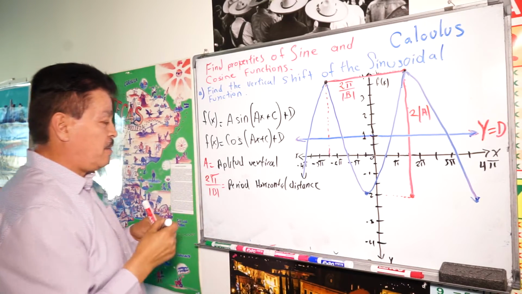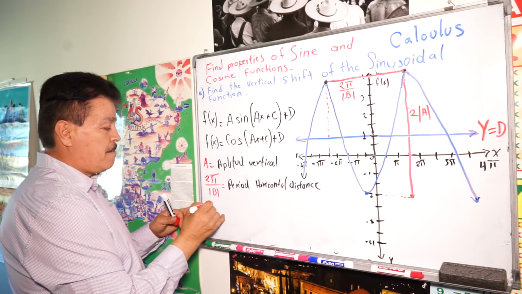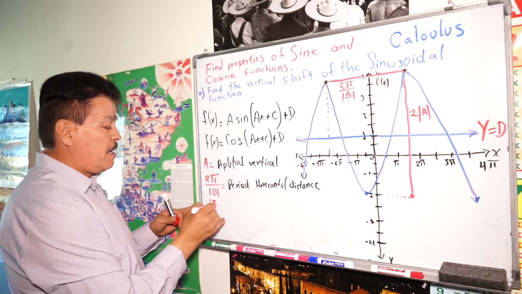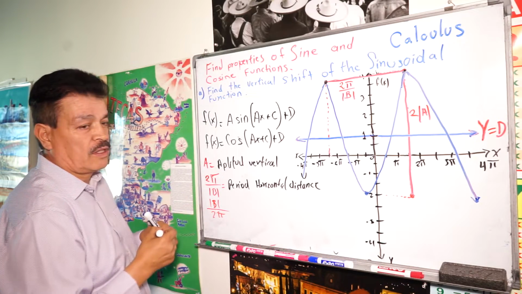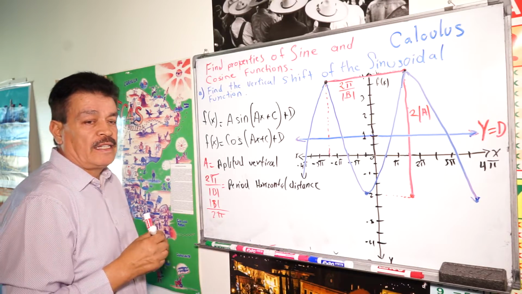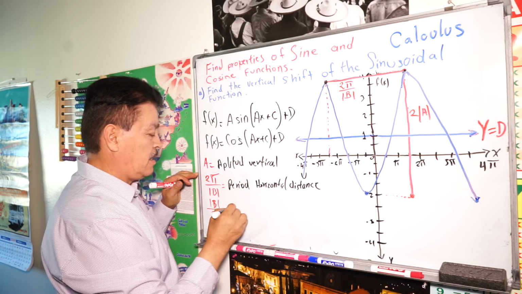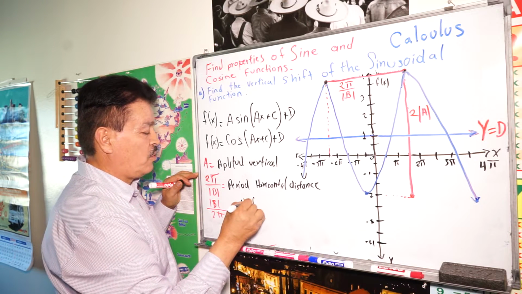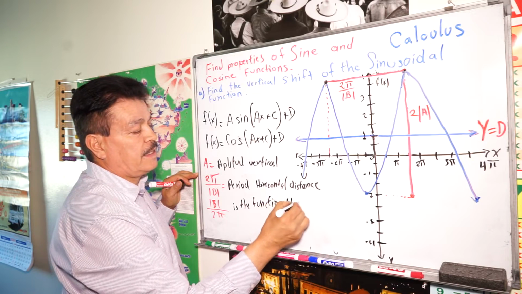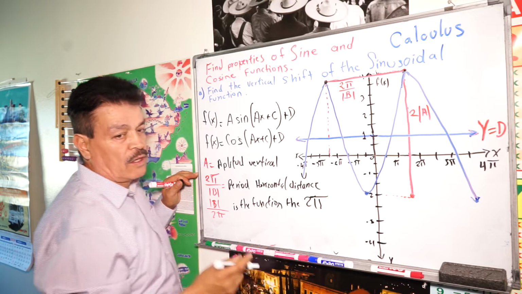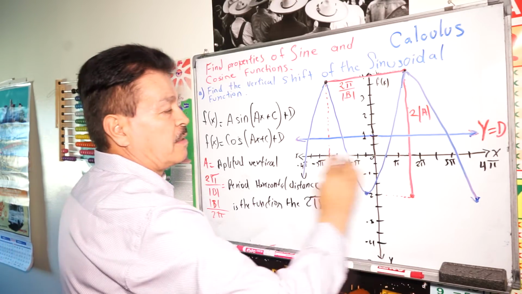Another variable that we see in our graph is b divided by 2 pi. This is the frequency, the reciprocal of the period.